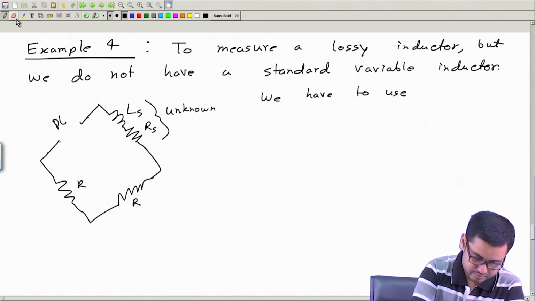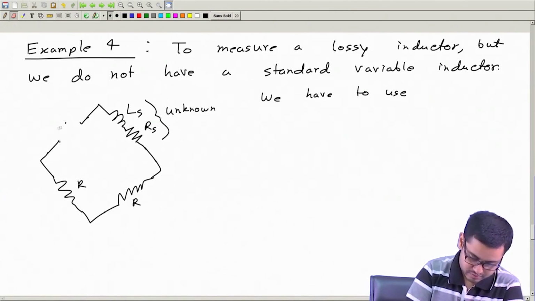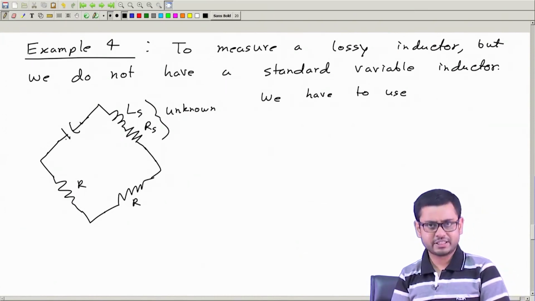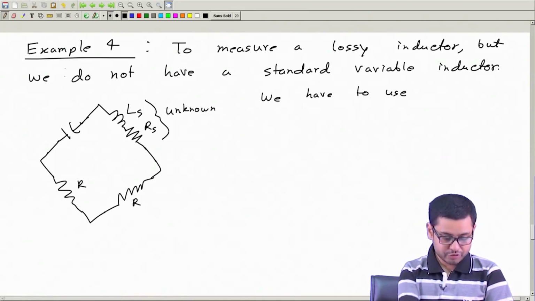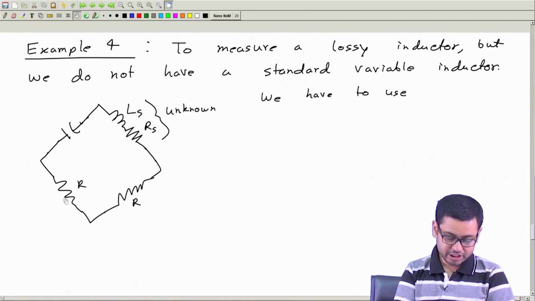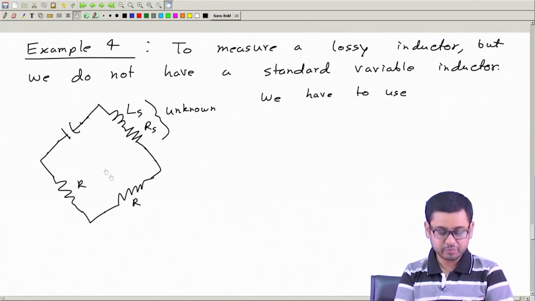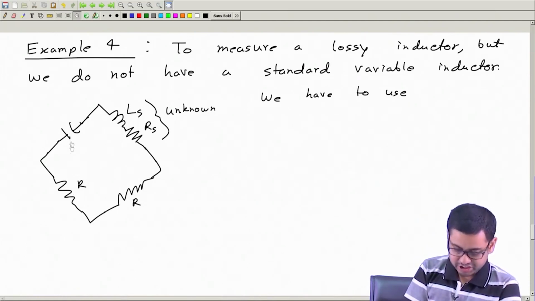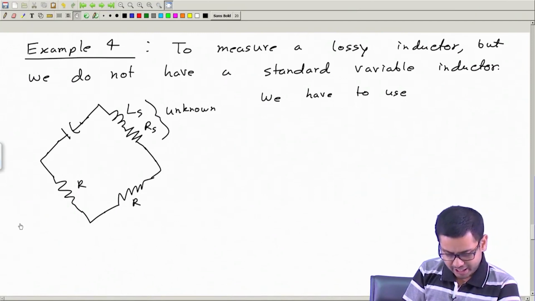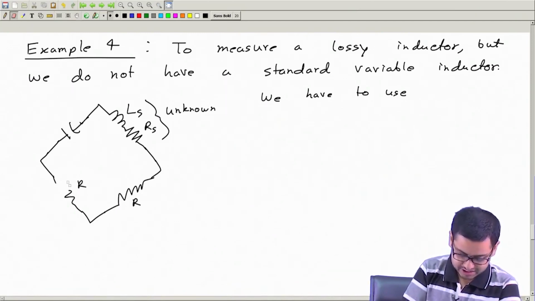Okay, so now will this help? No, once again this will not help. Why? Because the sum of these 2 angles is between 0 and 90, okay, but the sum of these 2 angles is minus 90. We can never get a balance. So this is also not helpful, but now we can try another thing. Let us try this.